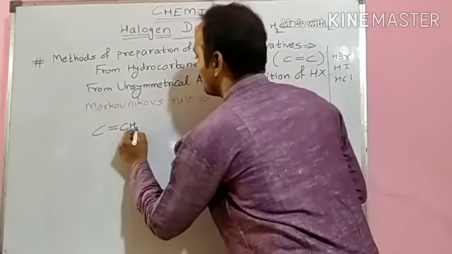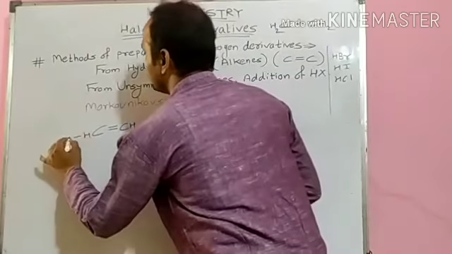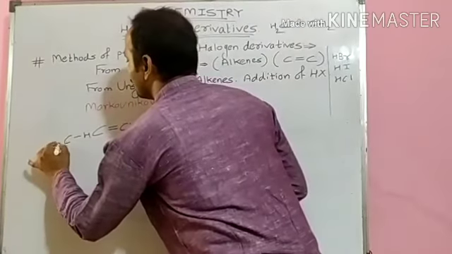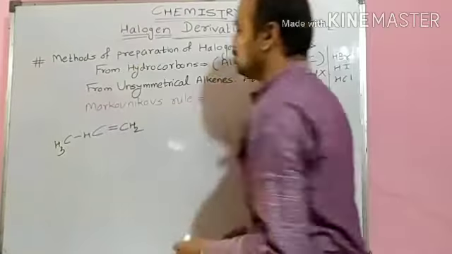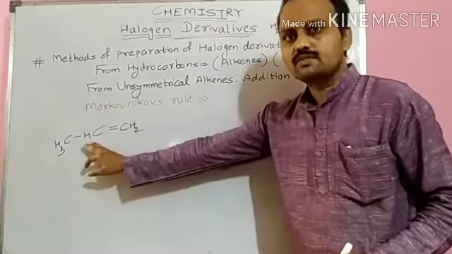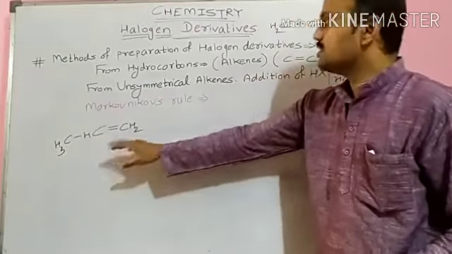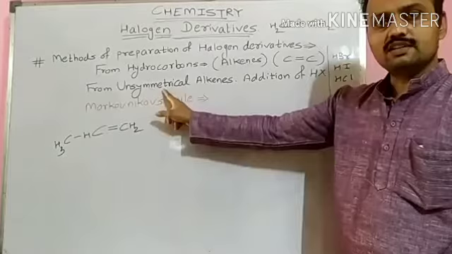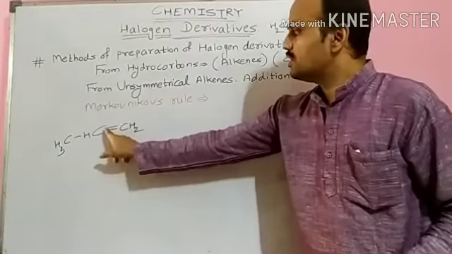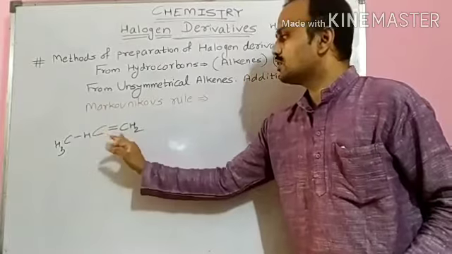On the right hand side only one carbon atom, and on the left hand side there are two carbon atoms. This is the example propene. Such an alkene is called an unsymmetrical alkene. Unsymmetrical means different numbers of carbon atoms on both sides of the double bond.